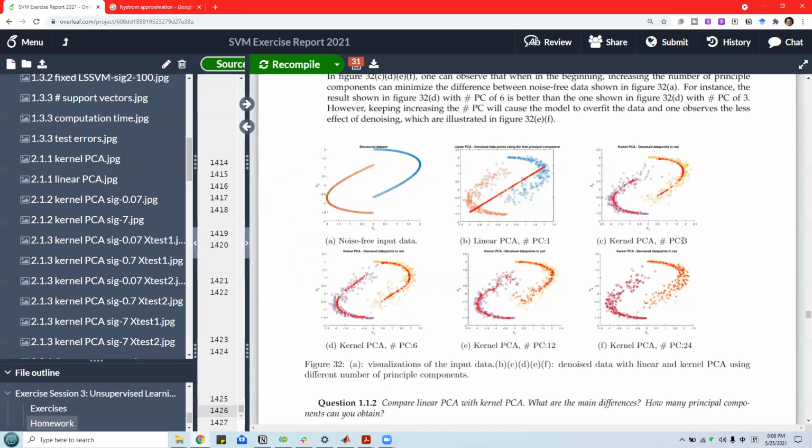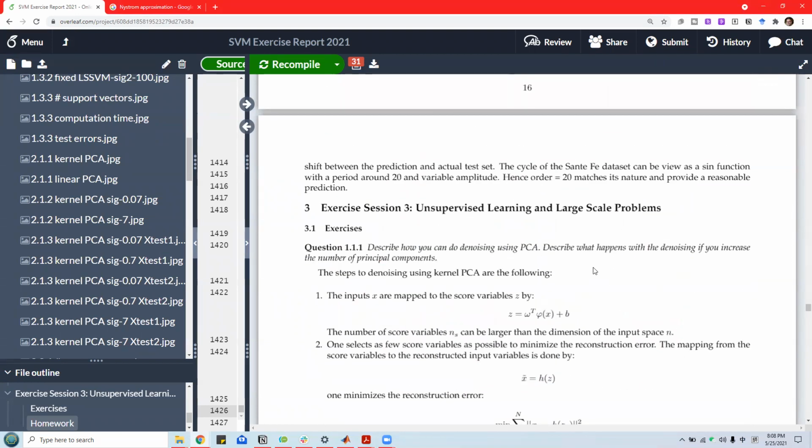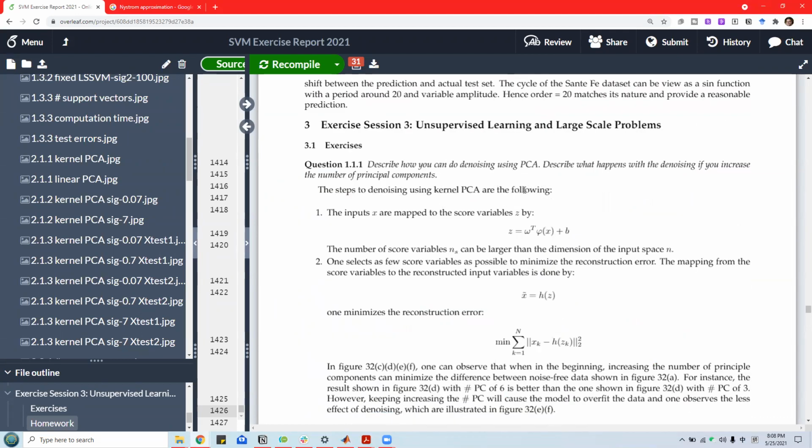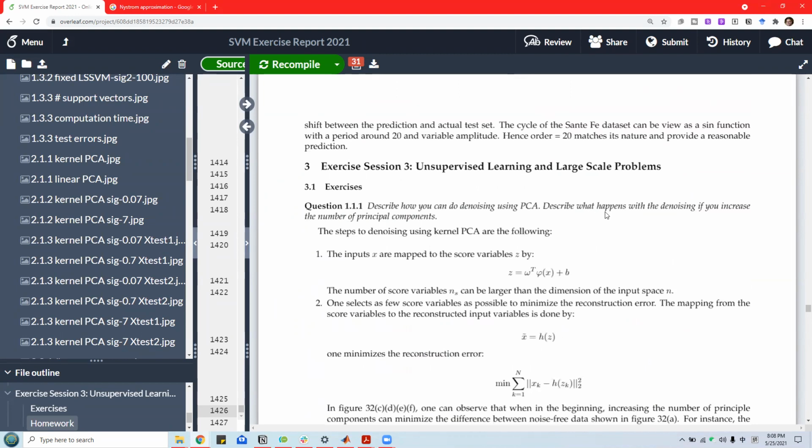I started with 3, 6, 12 and 24. This is generally the result. You then need to describe how you did denoising with PCA and what happens when you increase the number of principal components.